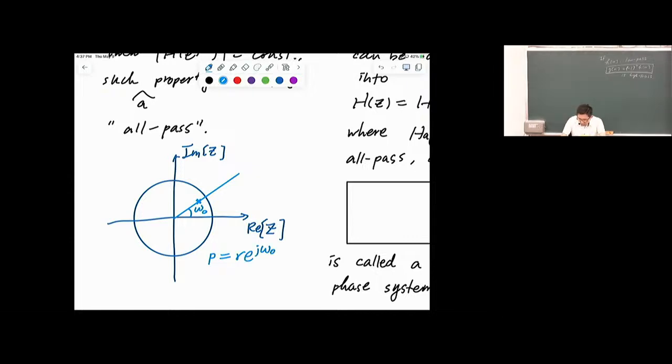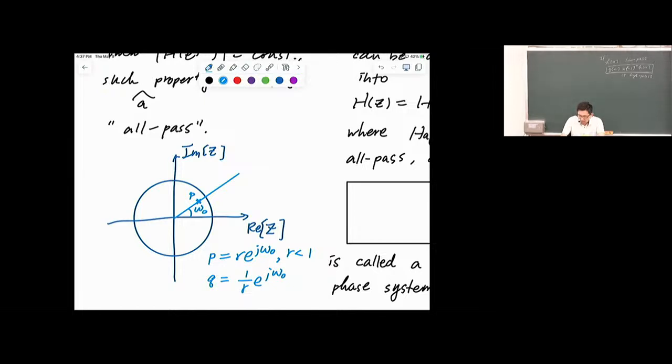That's our pole location. We call the pole P. And let's define the zero outside to be located at the same angle, but with 1 over r. And let me emphasize that we want r to be less than 1.